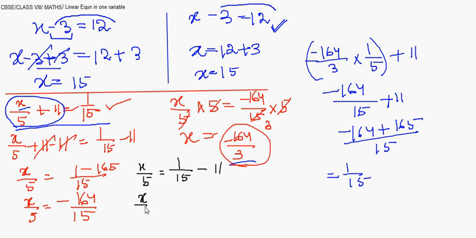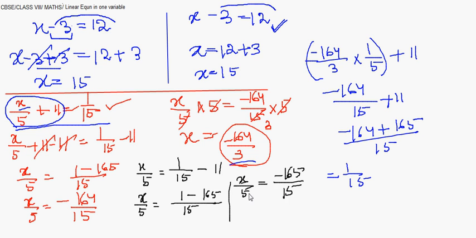So x by 5, and then you take an LCM of 15, thereby getting 1 minus 165, because 11 and 15 were given. I have a constraint of space here, so I'll just try to fit it in. So it's minus 165 upon 15.